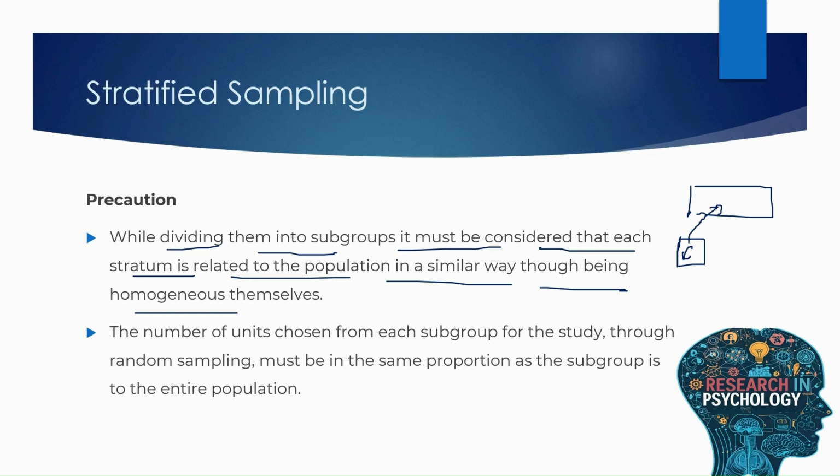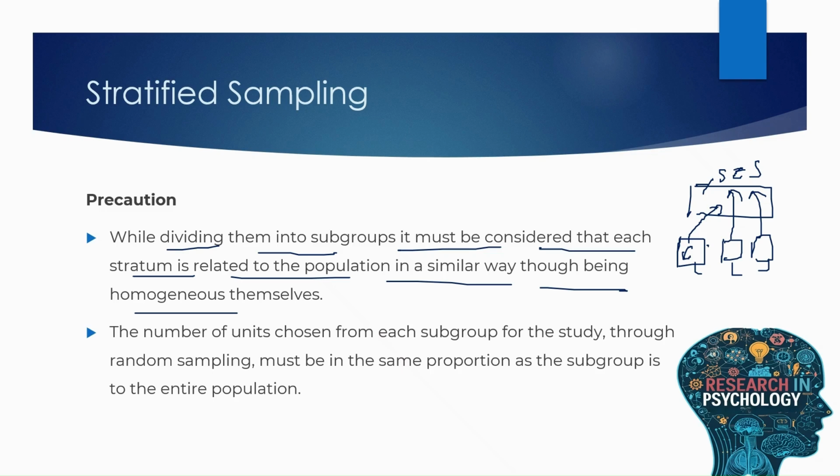So all the strata should be different from each other, but each should have something in common with the population also. For example, I am trying to study the socio-economic status. That socio-economic status of the population should be equally represented by my strata also.